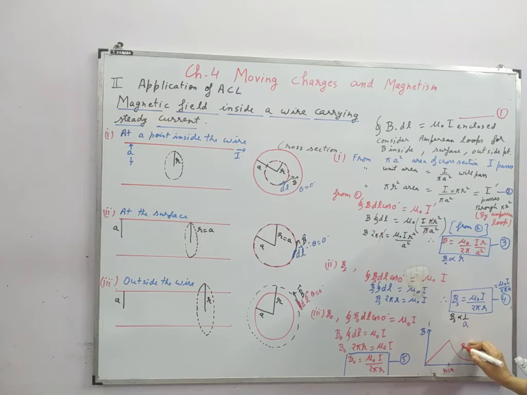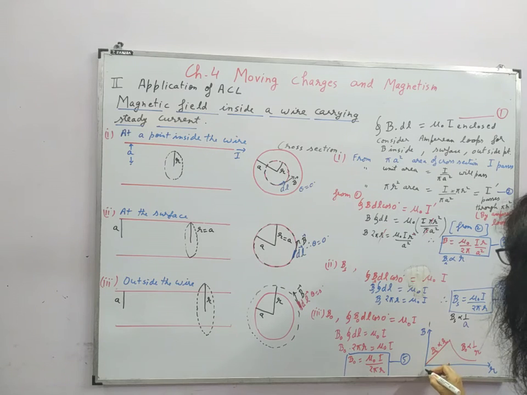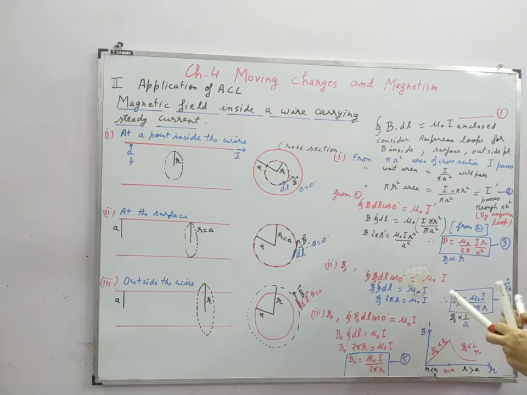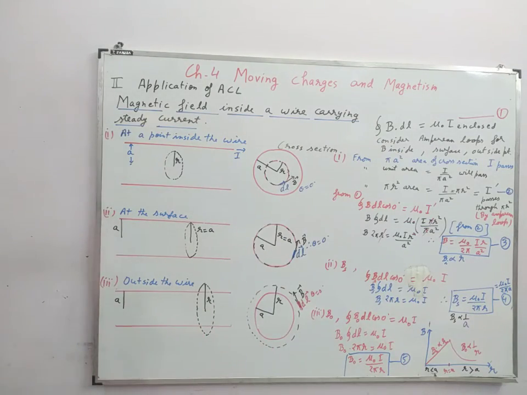So here B inside is proportional to r, outside is inversely proportional to r, and this is at the surface. And you can mention it also that here r is less than the radius and here r is greater than the radius, right? So this topic is given in the form of an NCERT question, not as a direct topic.